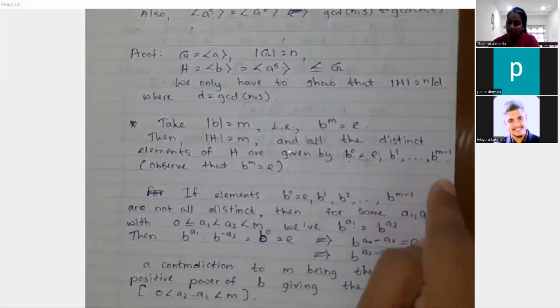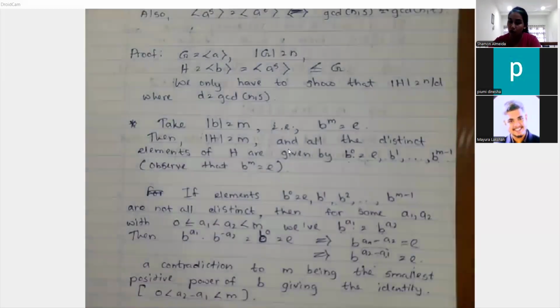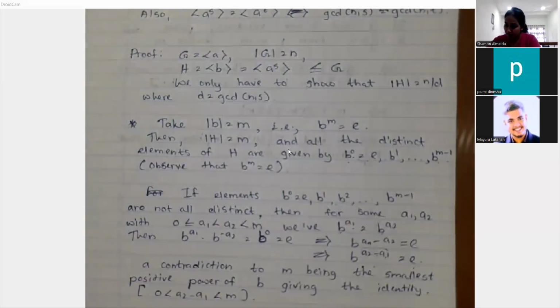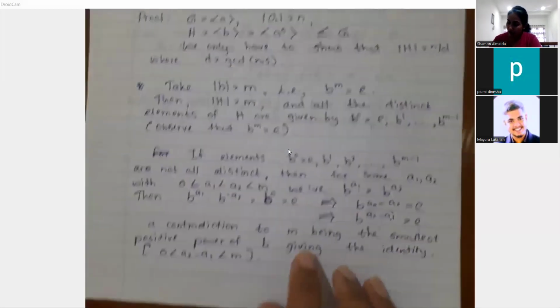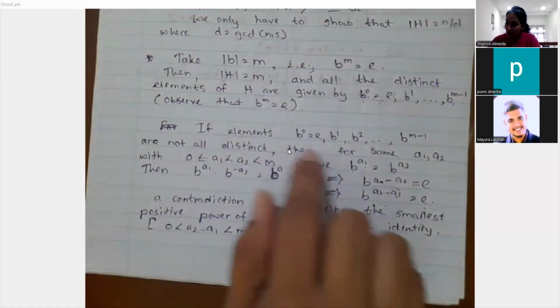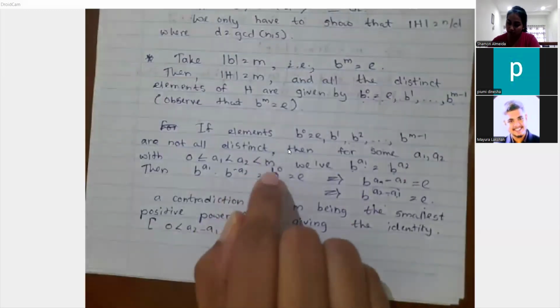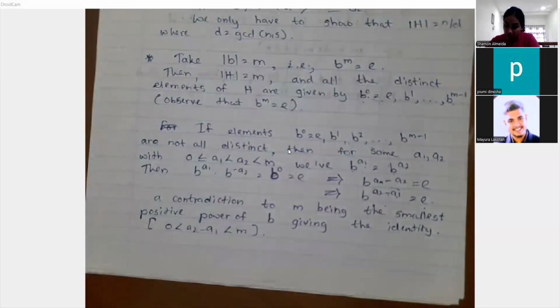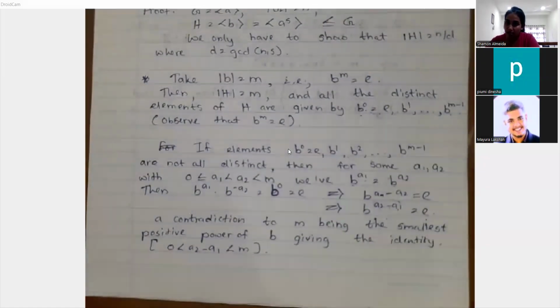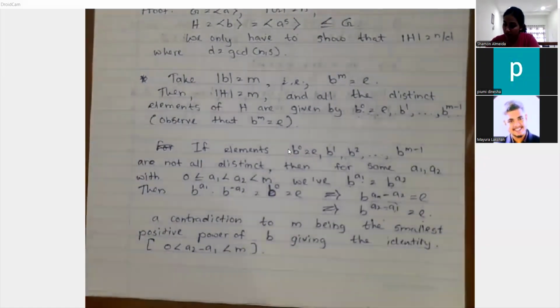So all these elements are distinct and those are the only elements in H. Right? Now, how have we proved this? If not every one of those elements is distinct, that means we have at least two to be the same element, right?